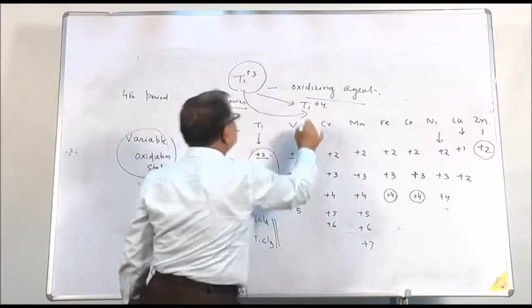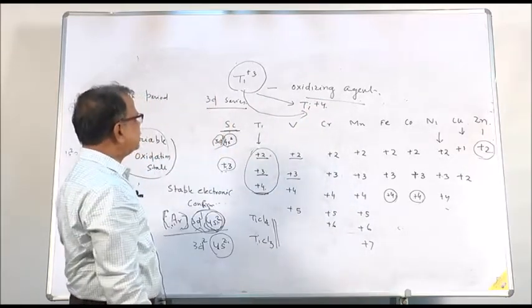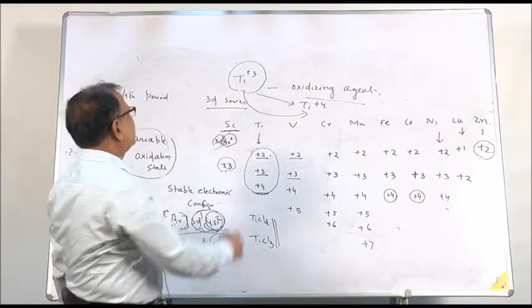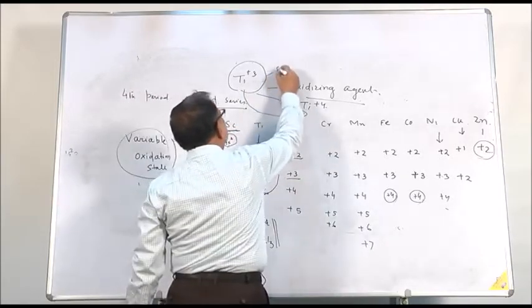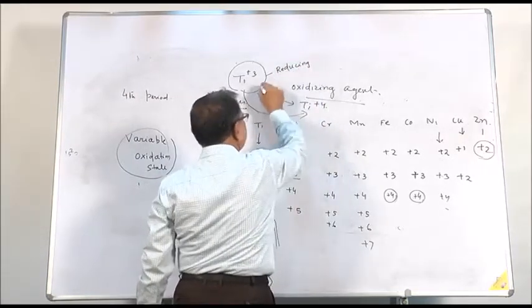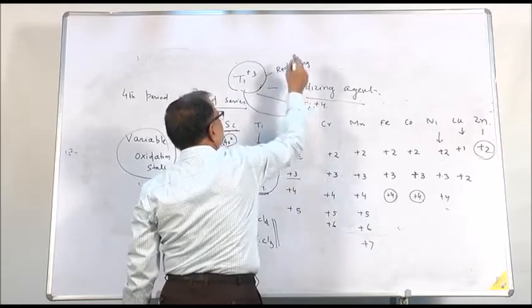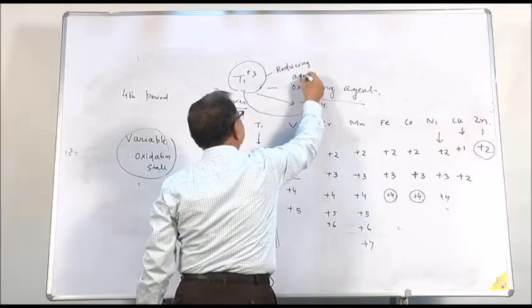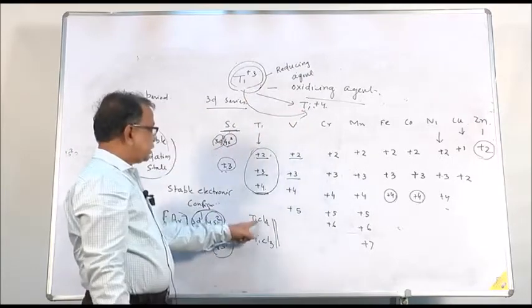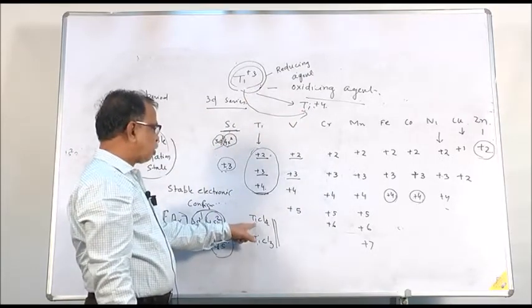Since it is itself oxidized from +3 to +4, Ti +3 is a reducing agent. The substance which oxidizes itself and reduces other substances is called a reducing agent. Because of Ti +3 and Ti +4, we get TiCl3 and TiCl4.